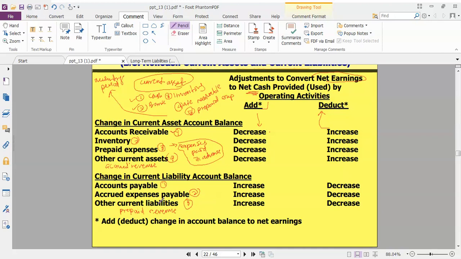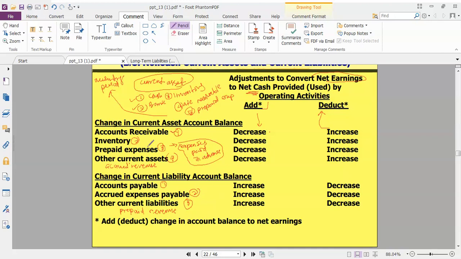So under SOFP, you must remember, accrual basis is used when we prepare the SOFP, but for the statement of cash flow, that is cash basis. So these three items we should convert.